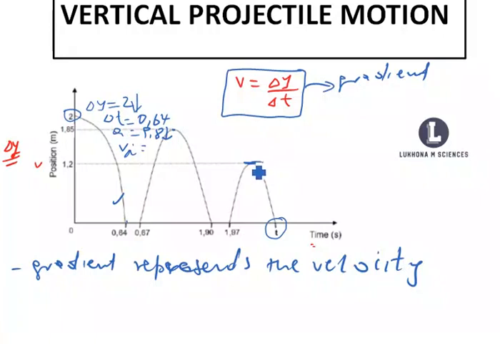The velocity here is equal to 0 because this is the maximum point, the turning point. So we have this initial velocity, then we have this time. Maybe we'll be given the final velocity here, or the initial velocity here. It will depend on the questions.